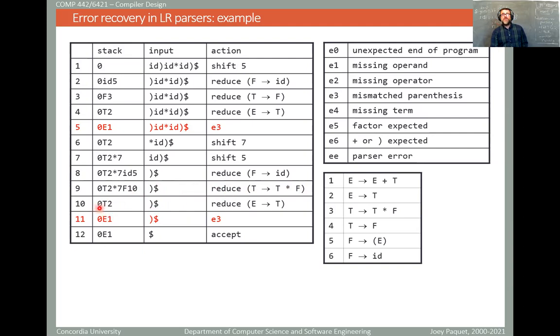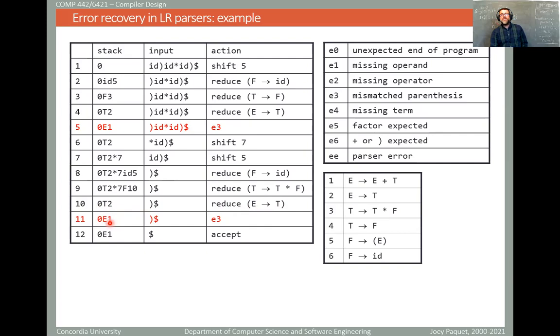Then I go in my go-to table, 0 T, I find state number 2. Then 2 close parenthesis tells me reduce using E gives T. So I pop the 2 and the T from the stack, and then I'm left with 0, and then I push E onto the stack. Then I go in my go-to table, 0 E, I find 1, and I push the 1.